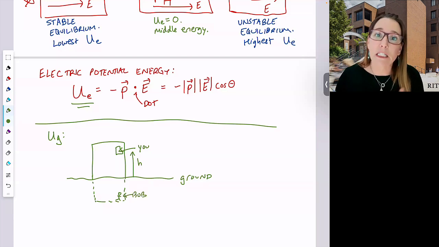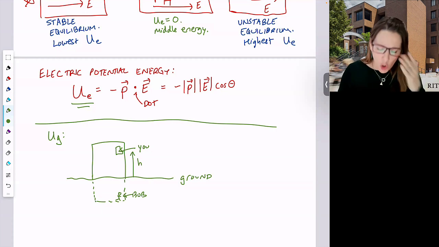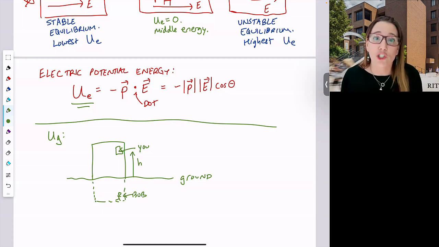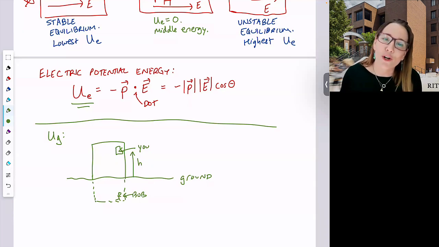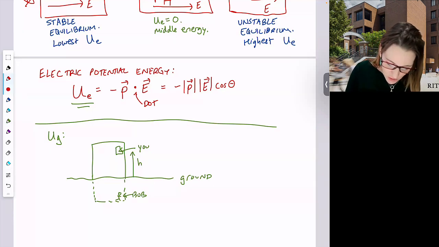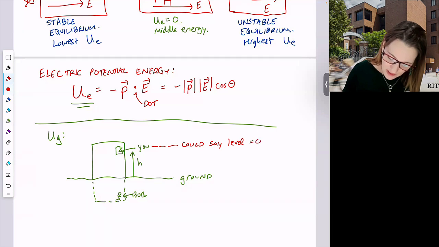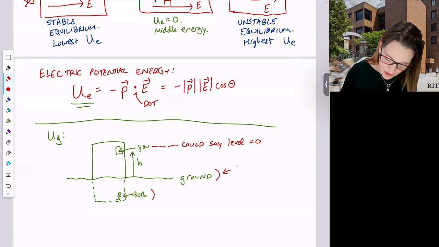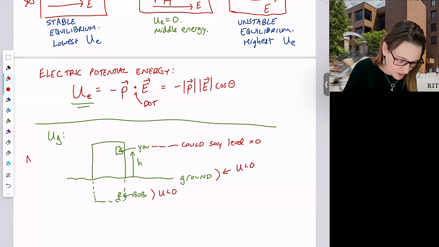When we talk about the energy, all we know is that you are at a higher energy than the ground, which is at a higher gravitational potential energy than Bob. Where we call 0 doesn't matter. I could call you having 0. We could say that this height here is equal to 0. We could say that this level is 0. And so then these would simply have negative energy. All that matters is the relative energy.